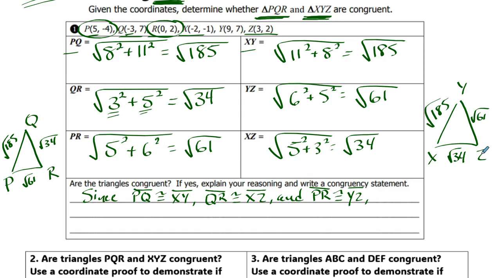Like R doesn't really correspond with Z there. So if I write PQR, I'm going to say triangle PQR is congruent to, so from P to Q is going along that length of square root of 185, so it's this length. But then the next length, P to Q to R, that's square root of 34. So really I'm going this direction with it. It's Y to X to Z.